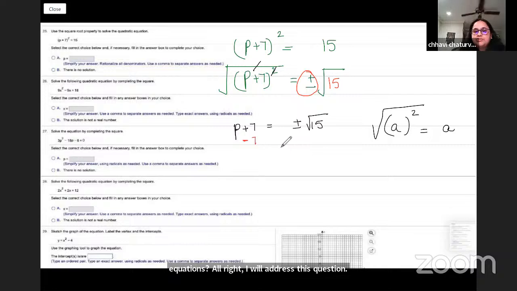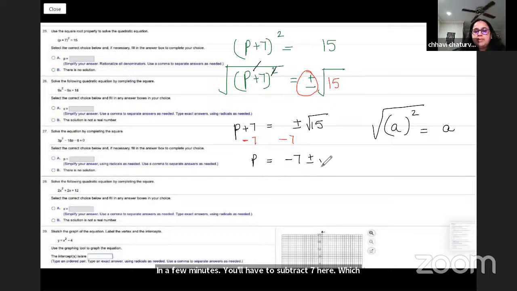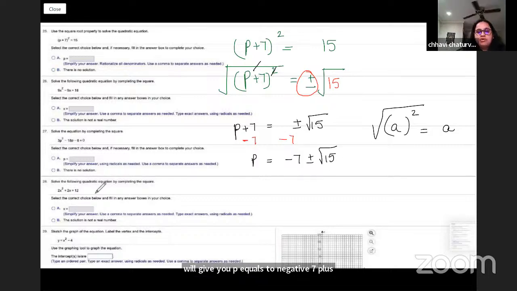You'll have to subtract 7 here, which will give you p equals to negative 7 plus minus square root of 15. And since you cannot further simplify square root of 15, you can just leave the answer like this, or you can also branch it out.